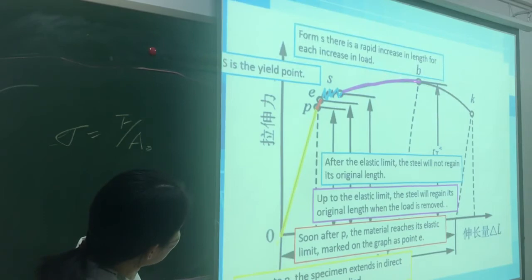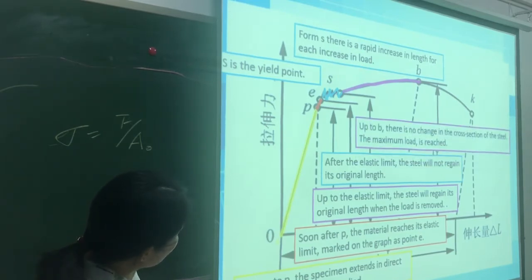From S to B, there is a rapid increase in length for each increase in load. Up to B, there is no change in the cross-section of the steel. The maximum load is reached.